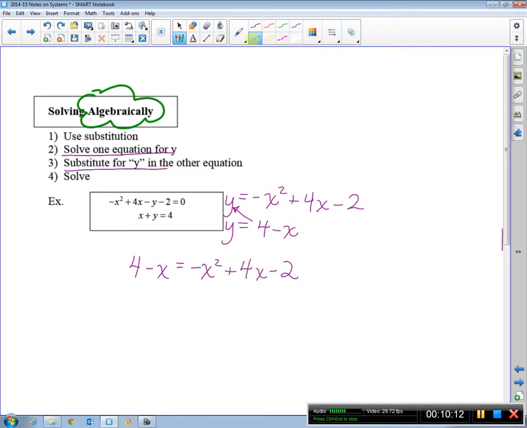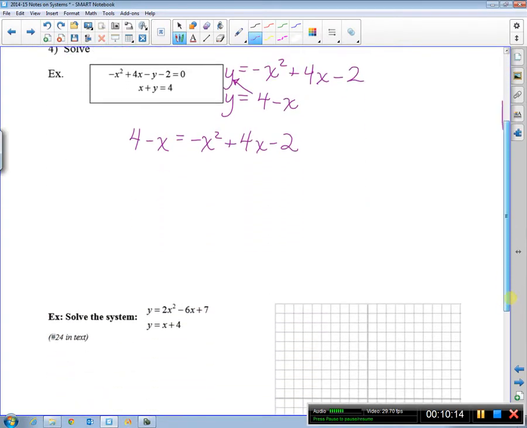So we have a second degree. We're going to get it equal to 0. Add x squared over. We like it to be positive. Subtract 4x over. So we have minus 5x. And add 2 over.